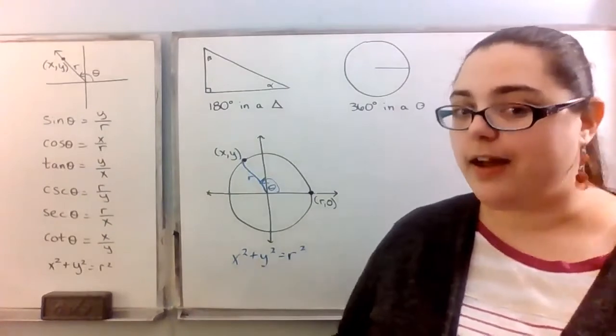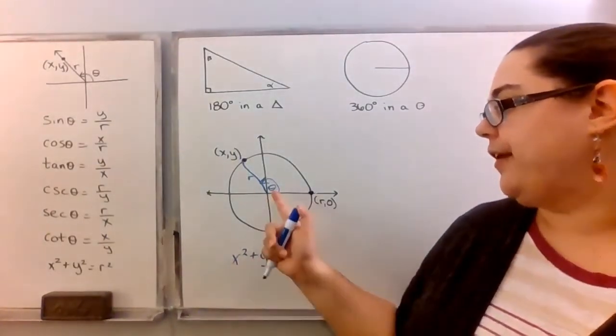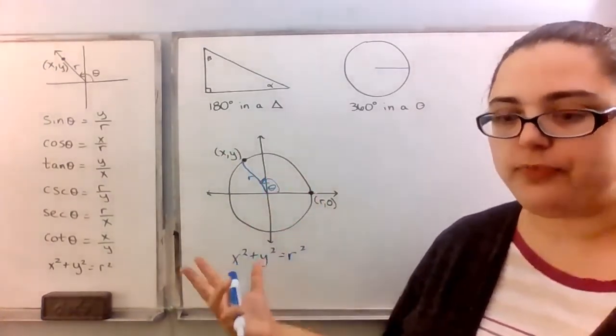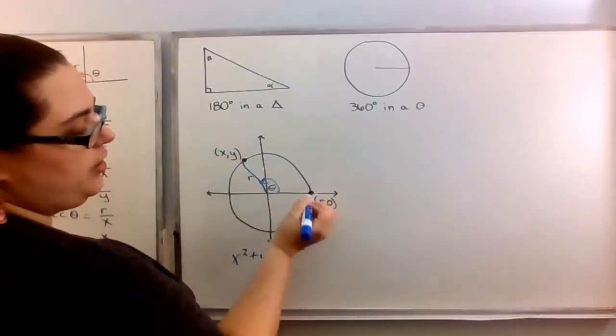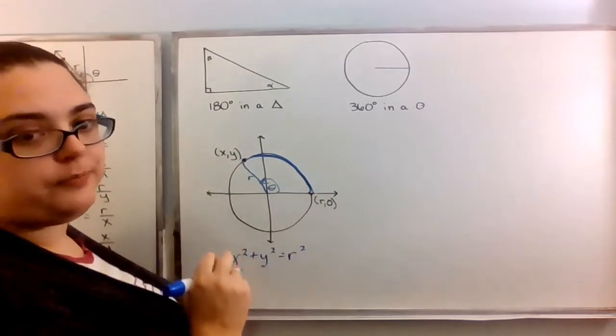So instead of thinking about what fraction of 360 we have just carved out, we're instead going to relate this angle to the arc length of the circle that it passes through.